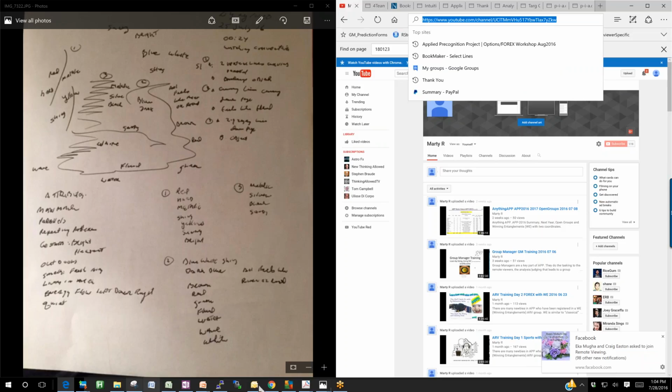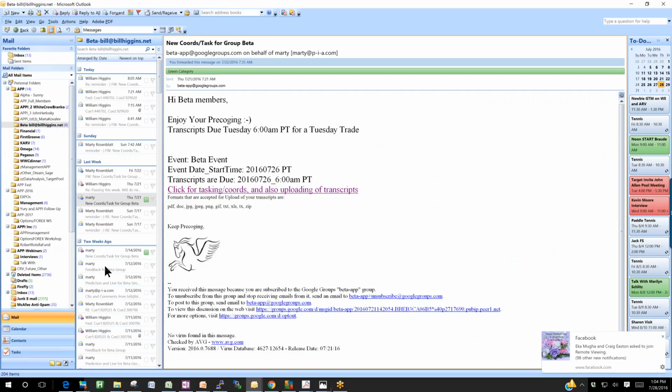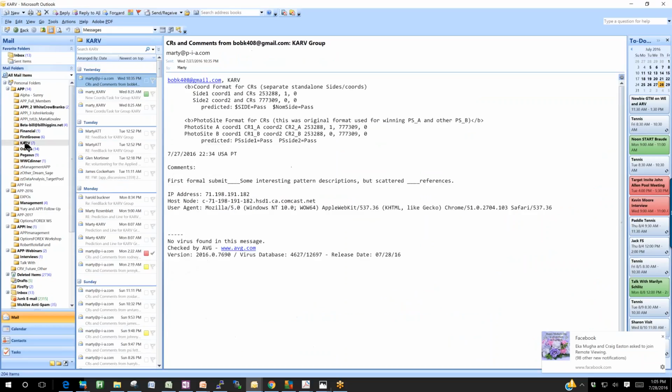Well, let me do cars because sports are the one. A lot of the Forex, it's a little bit more complicated, but let me just see here. Prediction.